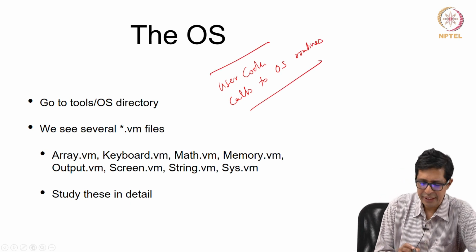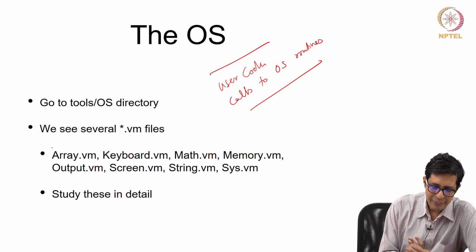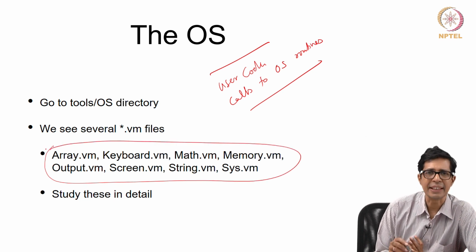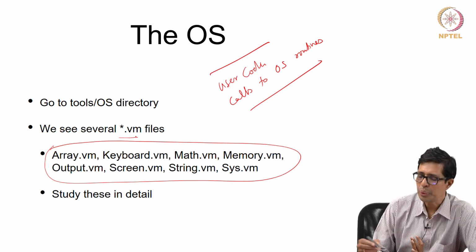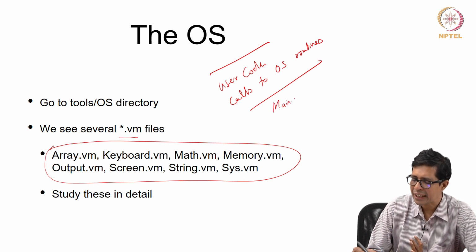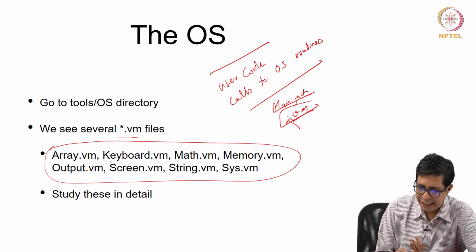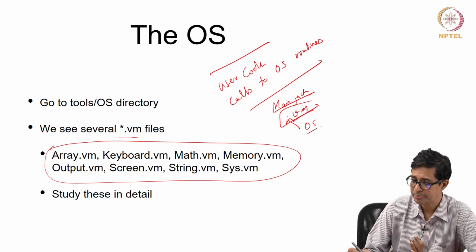We have a lot of OS functionalities available, and we use these functionalities. These are provided to us as VM files. So you write, say, Main.jack, as I have shown, you compile this, and you get the .vm files. These .vm files will have certain calls for keyboard or math functions or arrays, and these are already provided to you by the operating system.